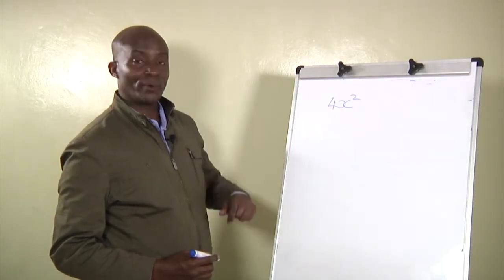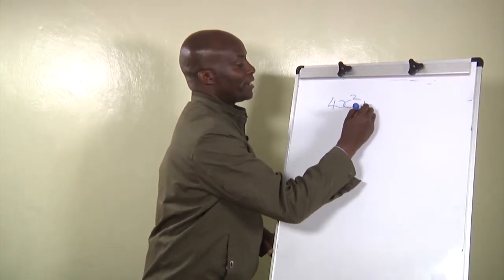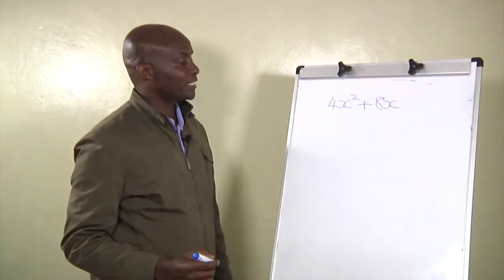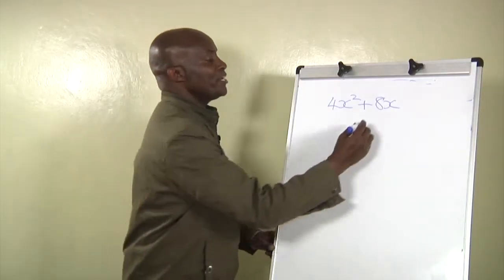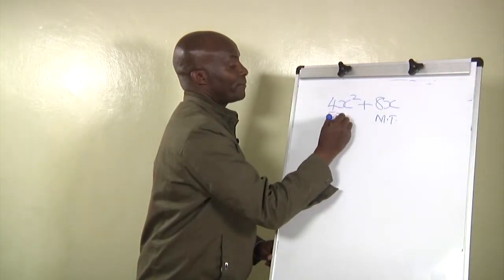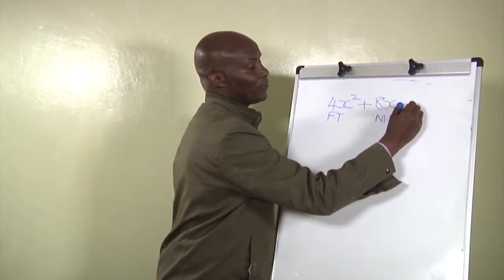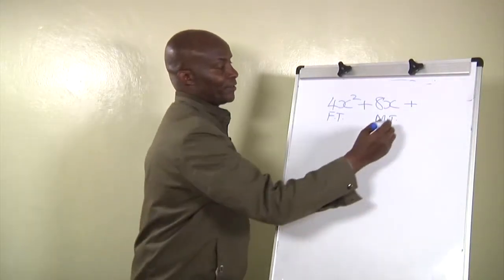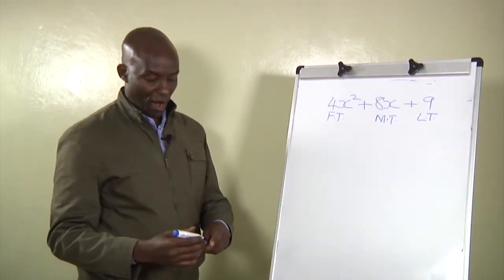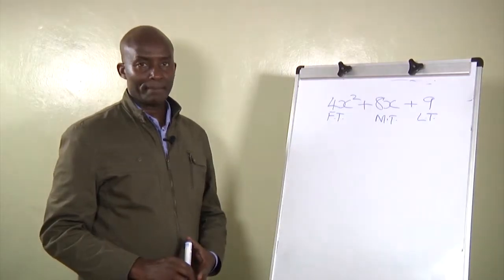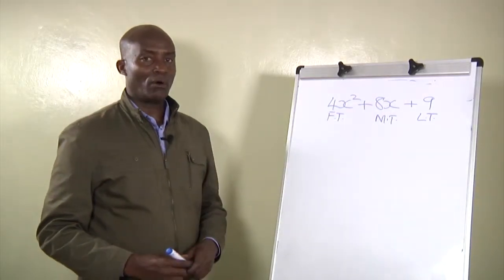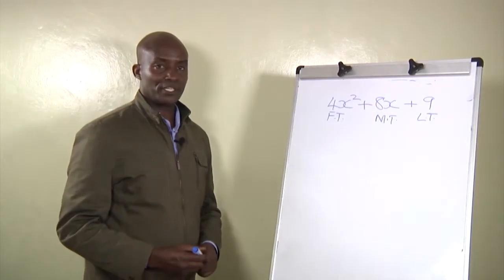The next one is the linear term, that is the second term, which we are calling the middle term. And then we have the last term, which is a constant. Last term, which normally consists of a known value or a known number. Okay? And so this basically is the formation of a quadratic expression.